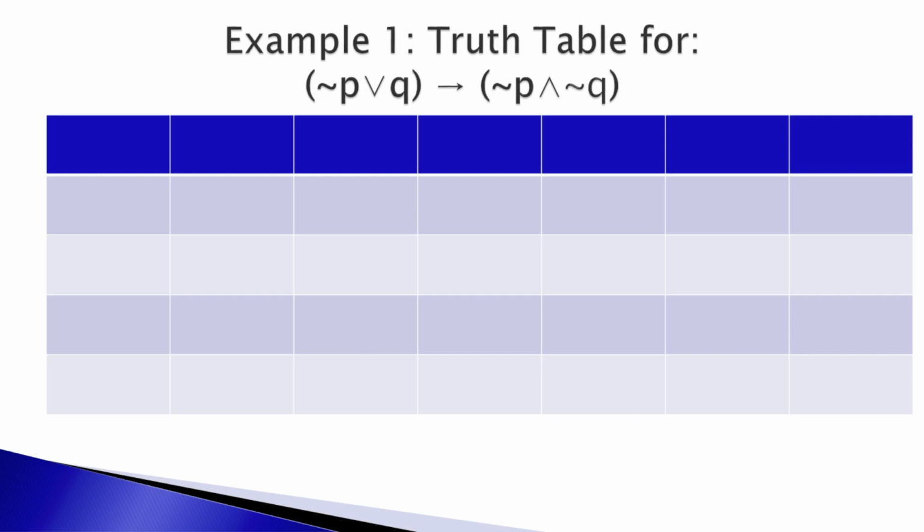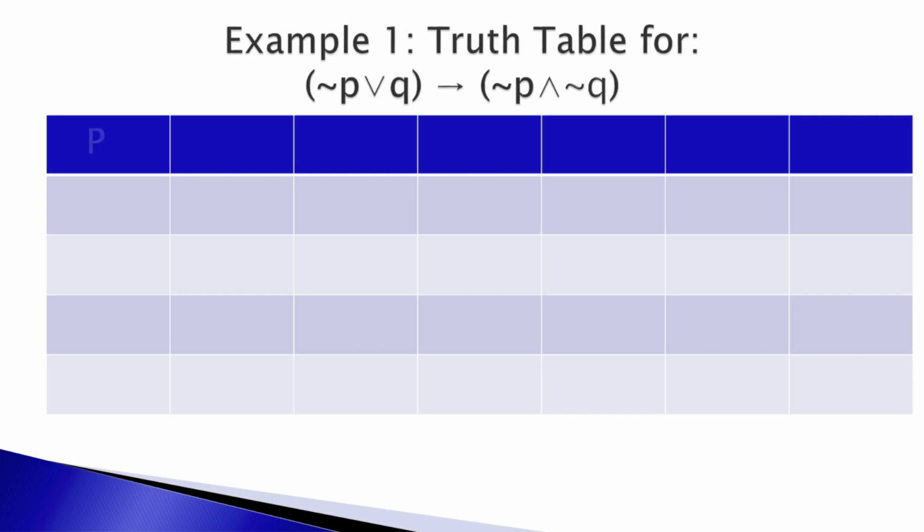Now, let's do it for a larger example. Like, say, not P or not Q, in parentheses, implies not P and not Q. So this is a very large truth table with 7 different statements.